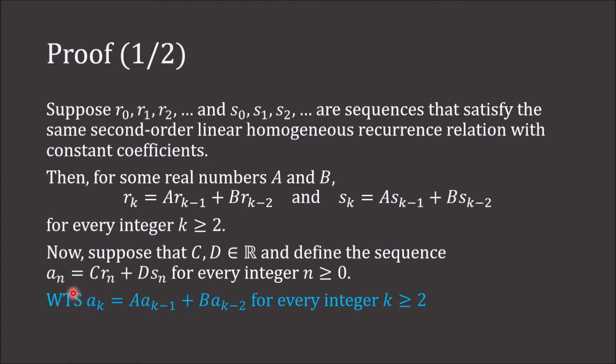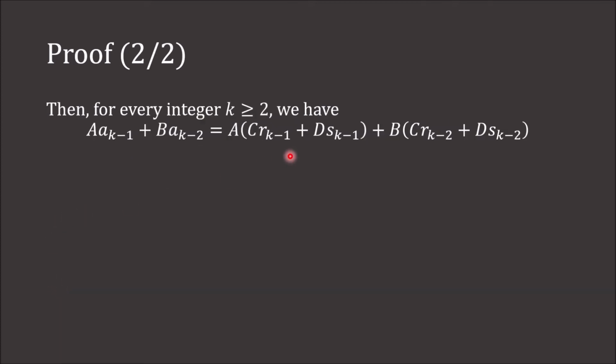Well, for every integer k greater than or equal to 2, capital A times A sub k minus 1 plus capital B times A sub k minus 2, just replace the A's with the C R plus D S using the appropriate subscript.